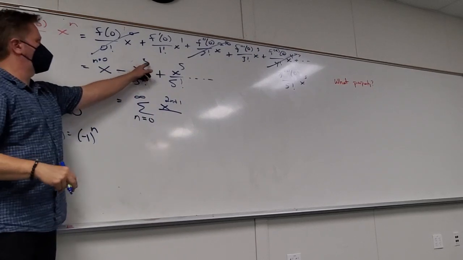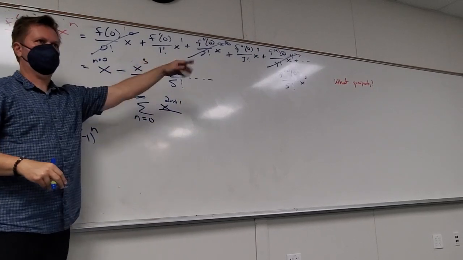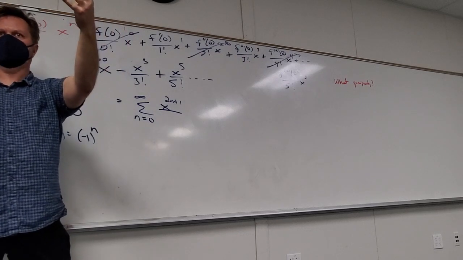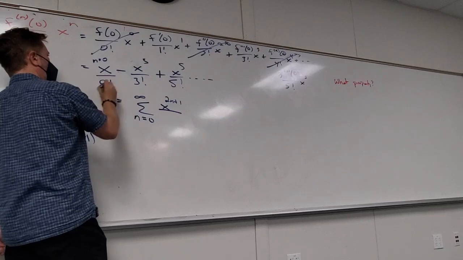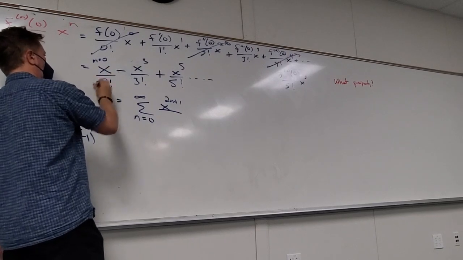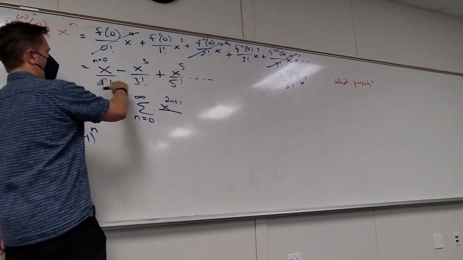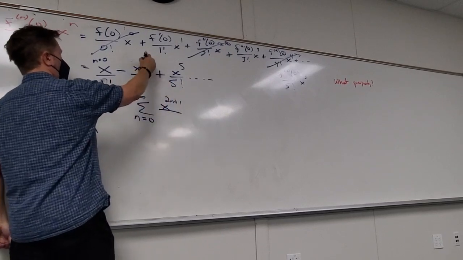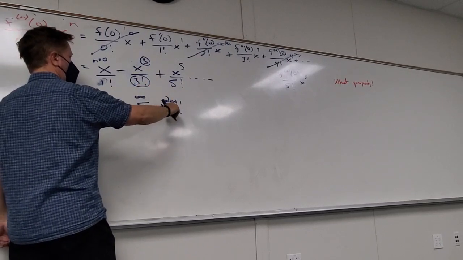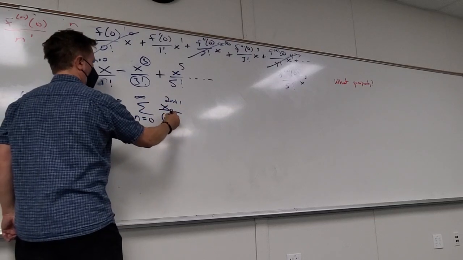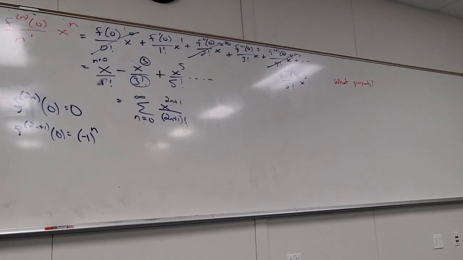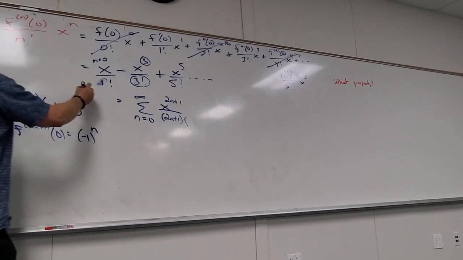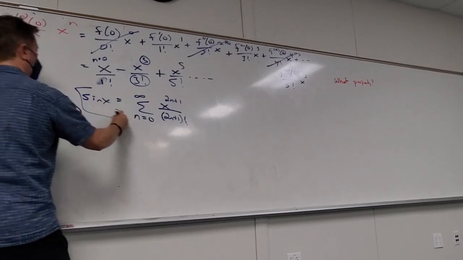And it will also give me 3 next, then 5, because 2n plus 1 is a general odd number. And what's beautiful is, isn't this over 0 factorial? Or in fact, 1 factorial is even better. There you go. And then 3 factorial, 5 factorial. So the power and the factorial are the same. Whatever we use for the power is the same for the factorial. They're the same numbers in each term. Yes? That is what sine x looks like.